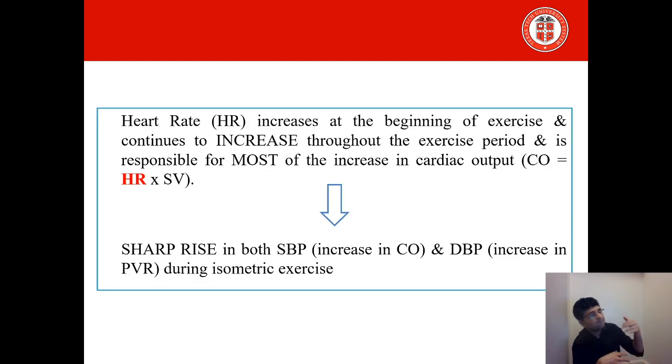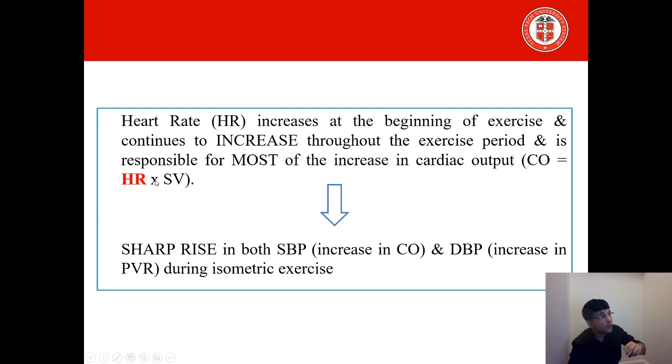Now, this I have talked about before, I am again repeating it, that heart rate increases at the beginning of exercise and continues to rise throughout the exercise period, because the parasympathetic tone is withdrawn once we start exercising, and once the parasympathetic tone is withdrawn, heart rate is going to rise and is responsible for most of the increase in cardiac output.